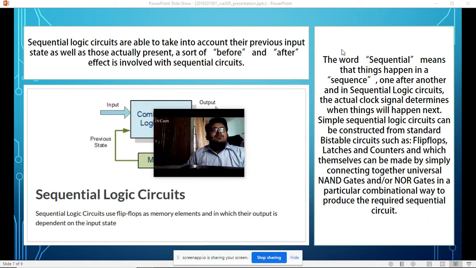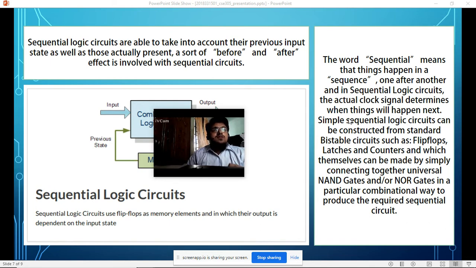And I have added a brief description about what sequential means. The word sequential means that things happen in sequence, one after another, and in a sequential logic circuit the actual clock signal determines when things will happen next.